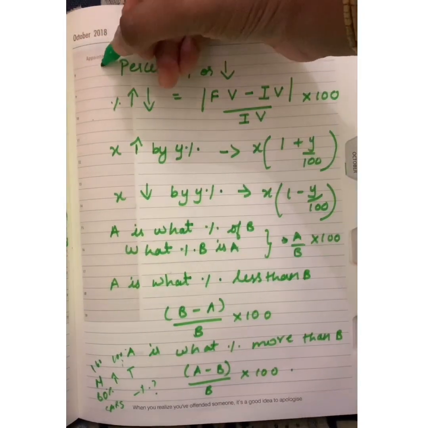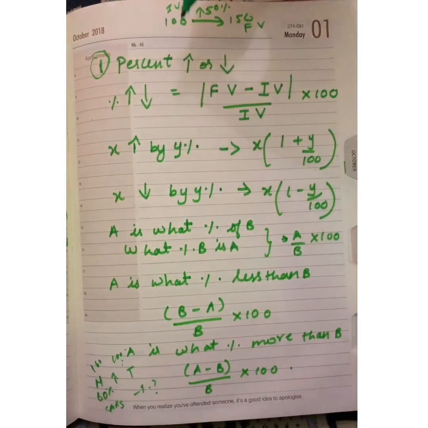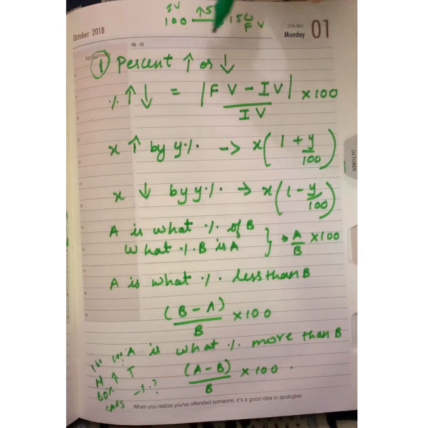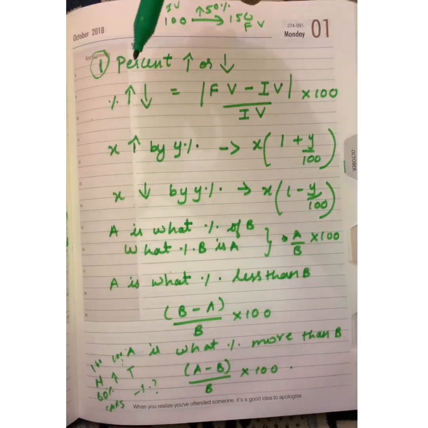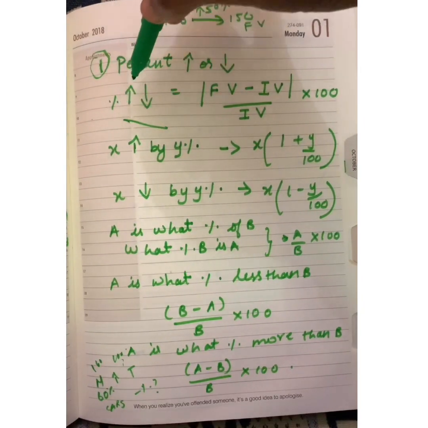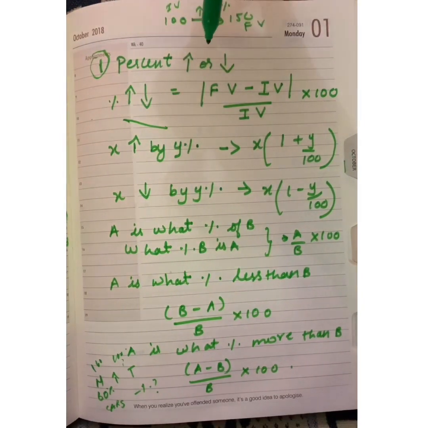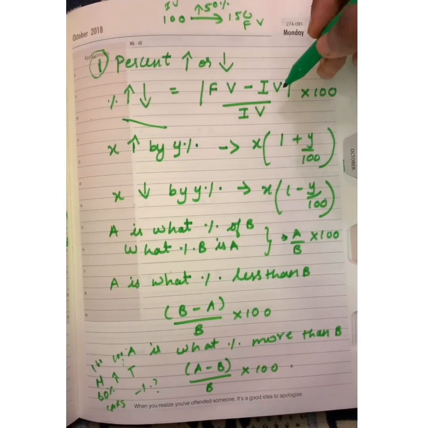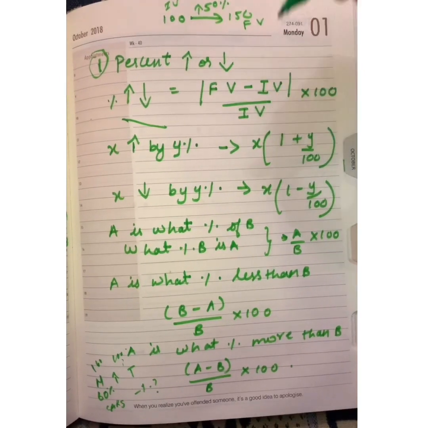First formula is percentage increase or decrease. When they ask what is the percentage decrease or increase, you have to use this formula, which is percentage increase or decrease is equal to modulus of FV, the final value, minus IV, the initial value, modulus, into 100 by initial value. Let me frame a question.